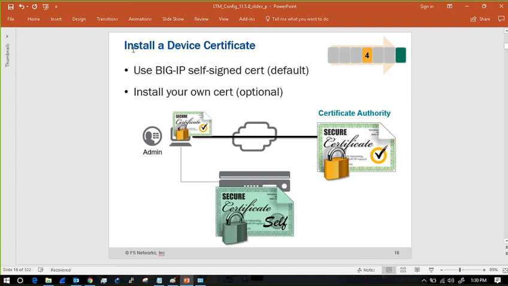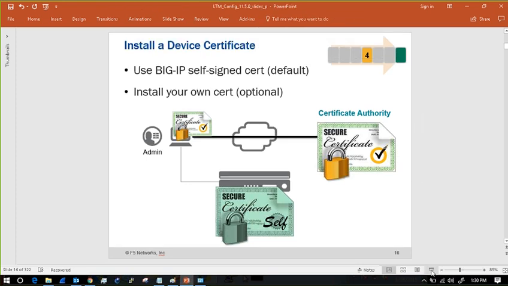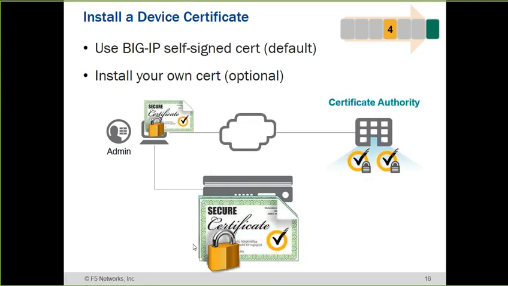Now after it, you have to go with the device certificate. You have two types of certificate. One is the self-signed certificate: your device will generate its own certificate. Another one is where you get the certificate from a CA authority, a CA-signed certificate.